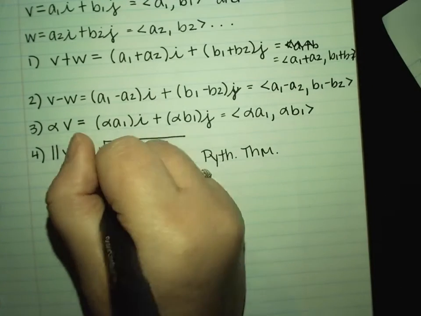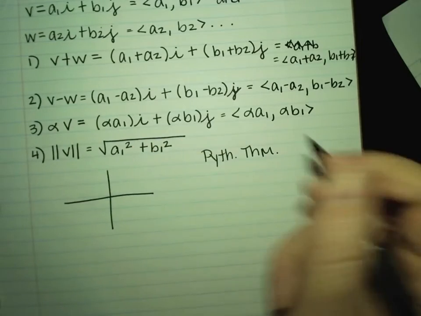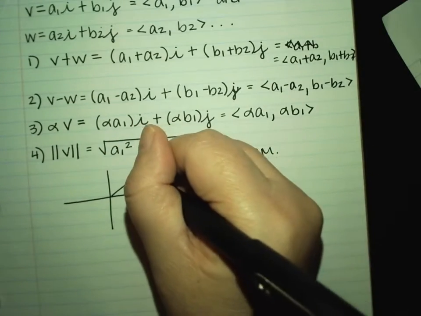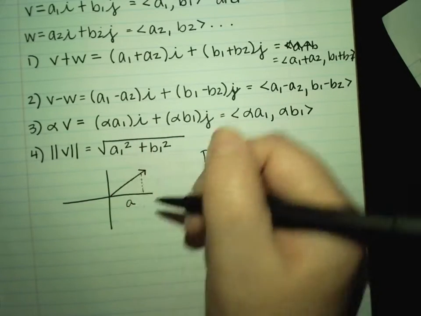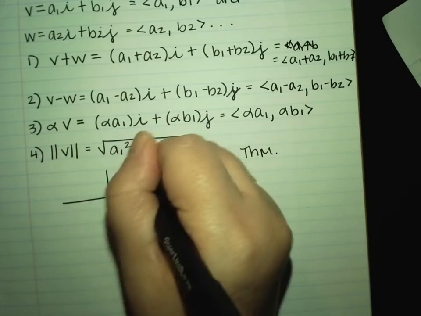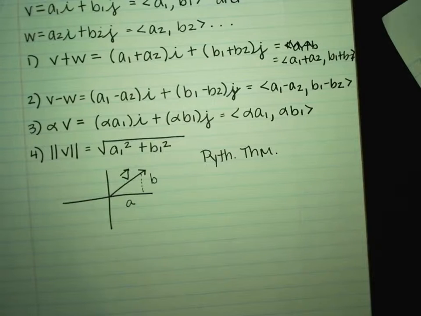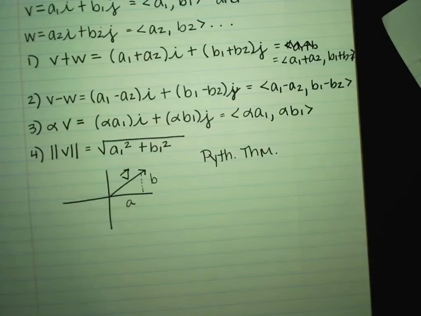Let's say this is our vector right here. If I were to drop down a vertical, remember A is our horizontal component, B is the vertical component. Here's that vector V. We're trying to find its distance there. So we're just using the Pythagorean theorem.